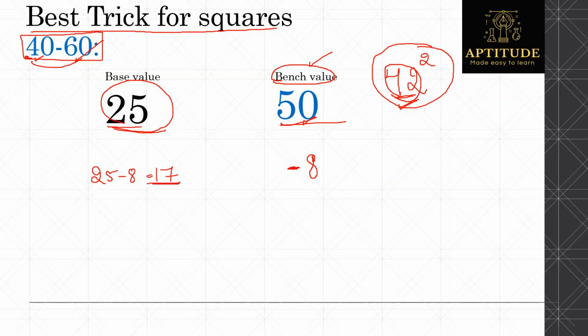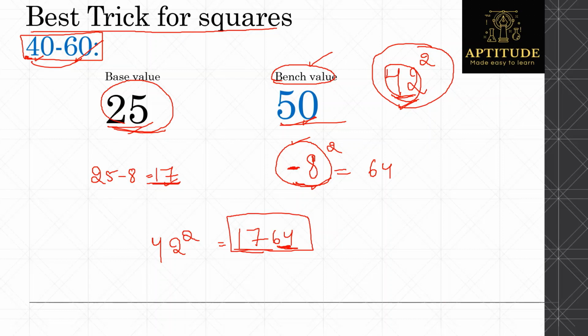That's it, I got one value, 17, and the last two digits will be the square of the difference. 8 square is 64. So I need to find the square of this difference and put it last, and add the base value with the difference: if it is minus, subtract; if it is plus, add. So 25 minus 8 is 17, and I'll paste 17 here. So the square of 42 is 1764.